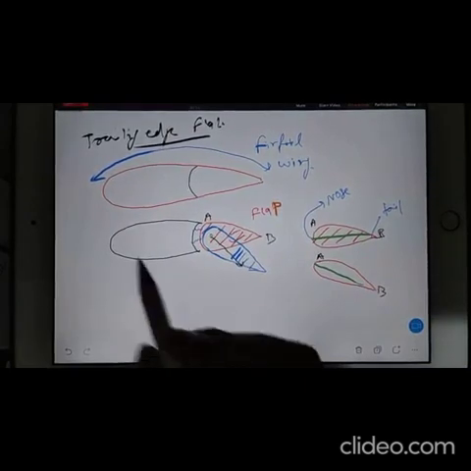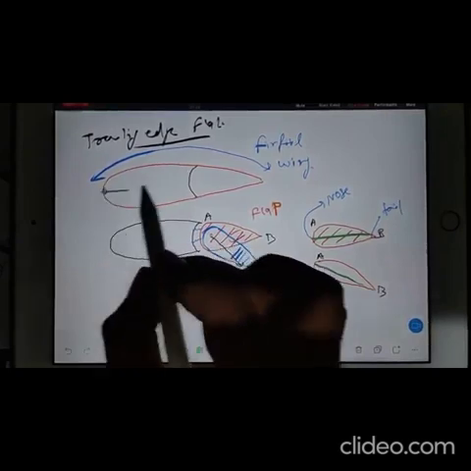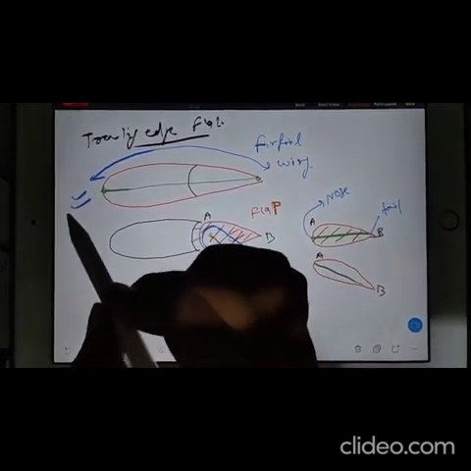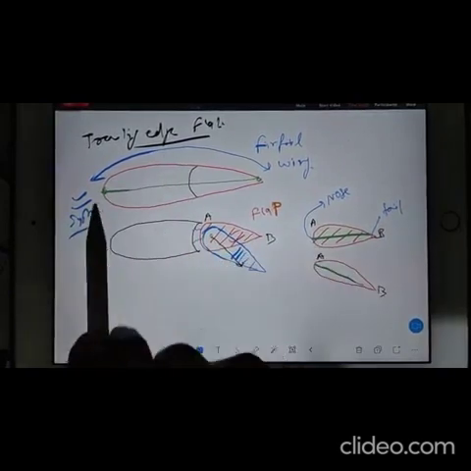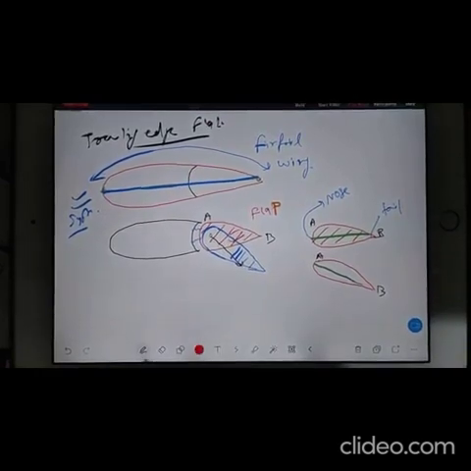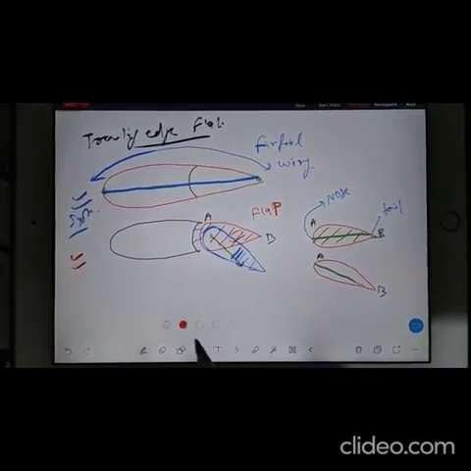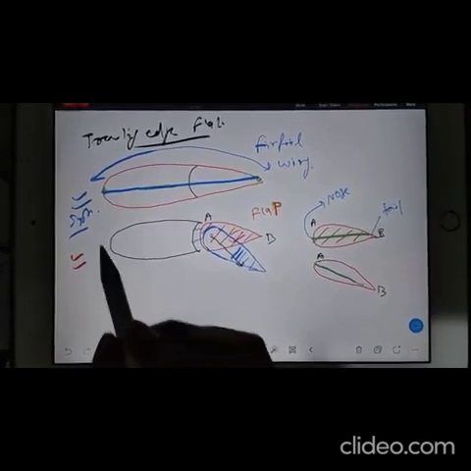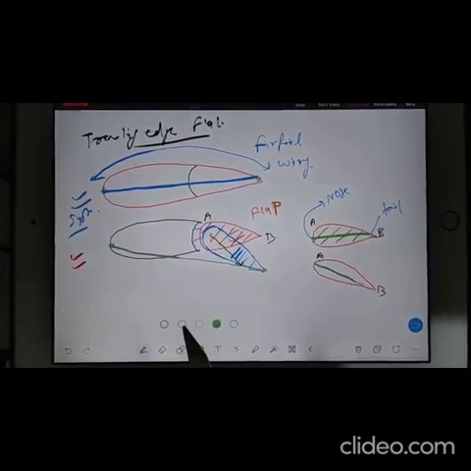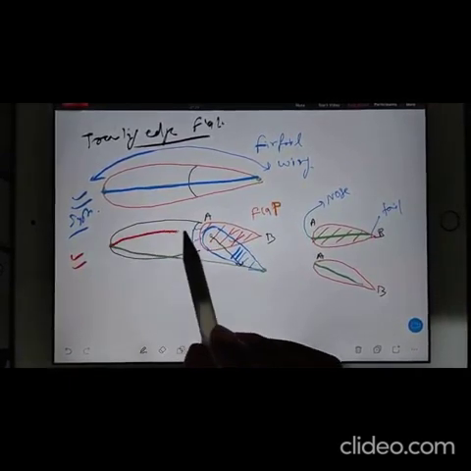Earlier, this was your chord line. If you consider this as a symmetrical airfoil, then camber line and chord line are the same line. But in the second case, you see what is happening. Your chord line will start from here, but it has to go to the tail. And now your camber line will go like this.